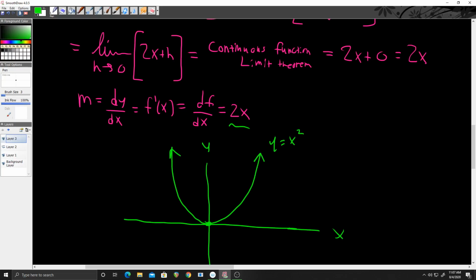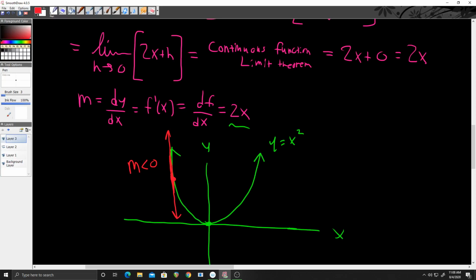So let's check a couple things. Without doing any math, we can see visually, if I draw a little slope here, that this line is falling. In other words, the slope here is negative.